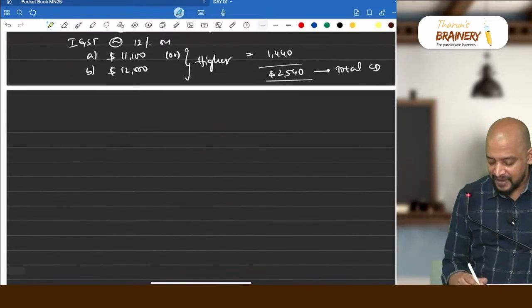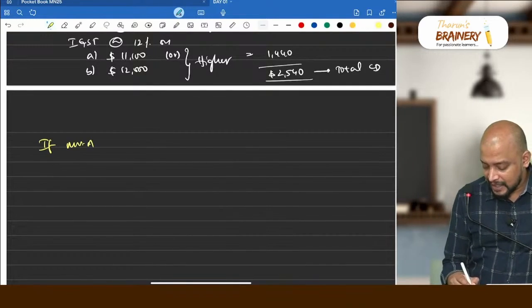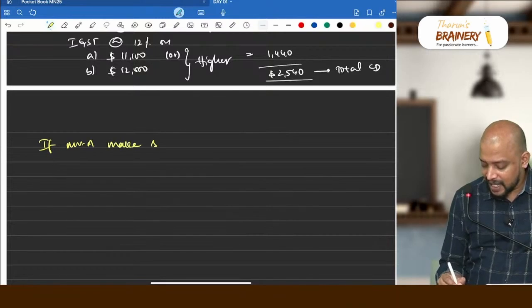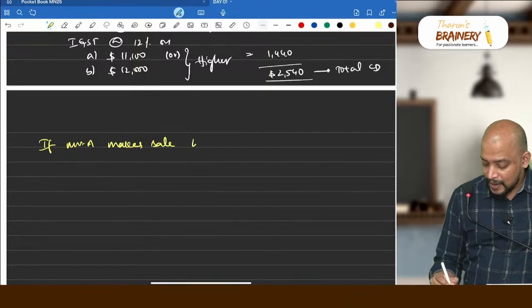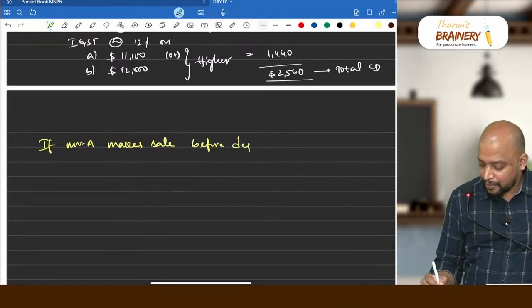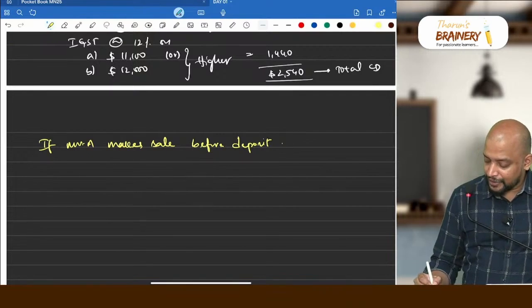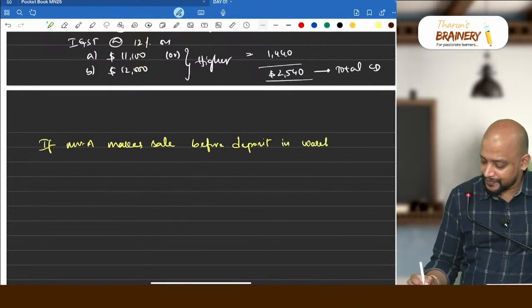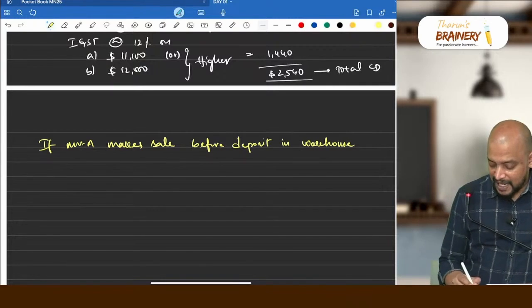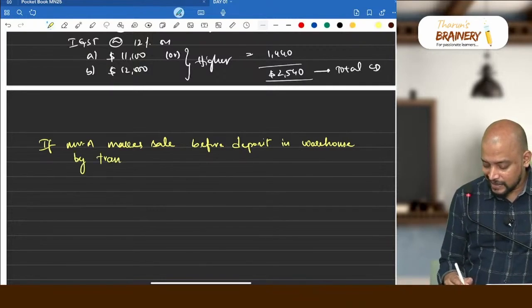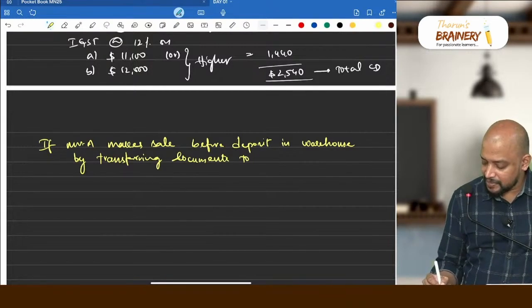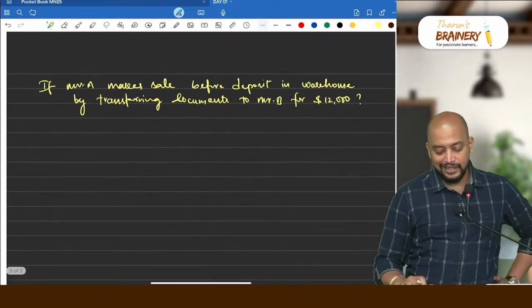If Mr. A makes a sale before deposit in the warehouse, by transferring documents to Mr. B for $12,000, then what would have happened?